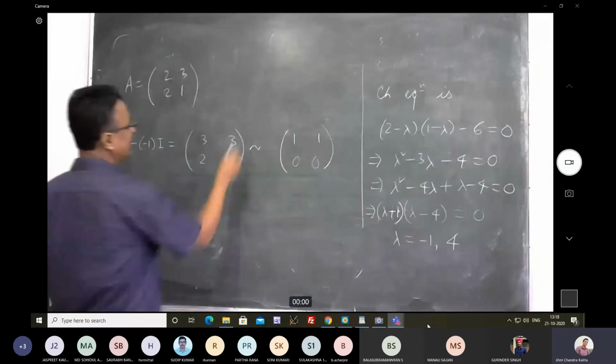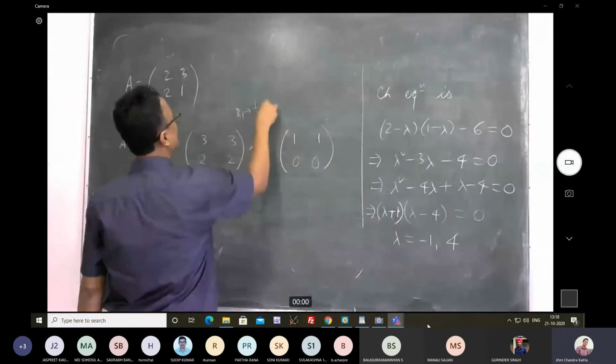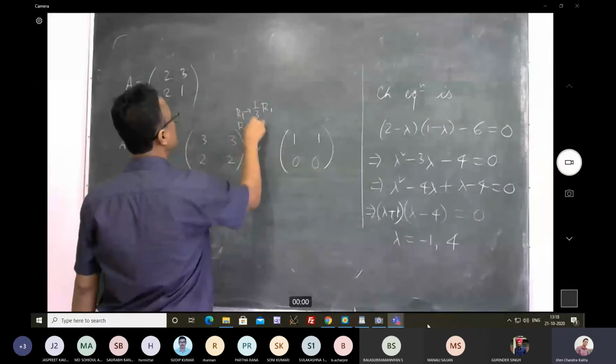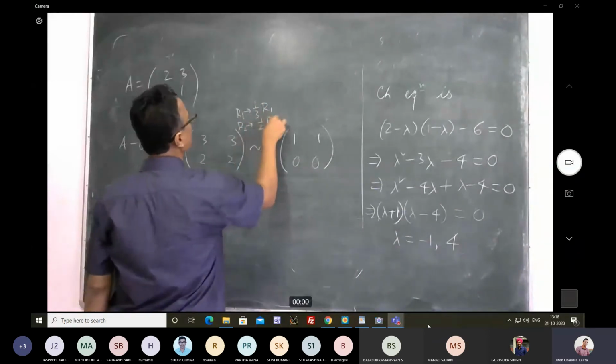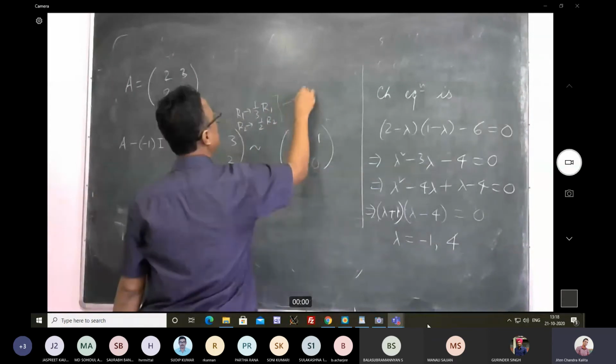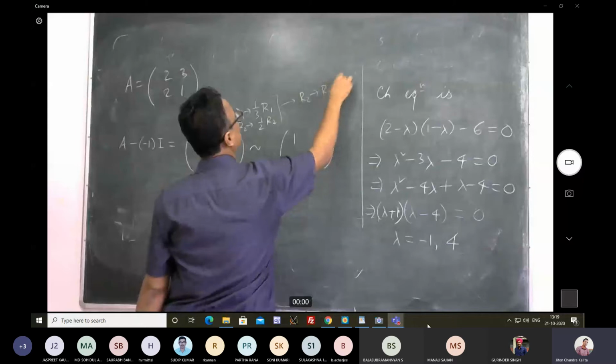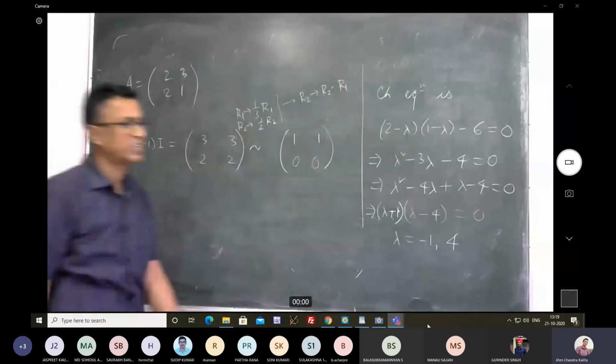Firstly, what you do: R1 is 1 by 3 R1, R2 is 1 by 2 R2, right? Then simply after this, you do R2 is R2 minus R1. Is it okay with everybody?